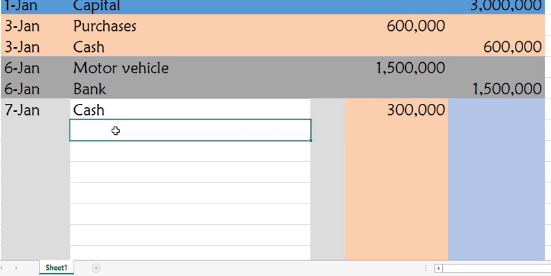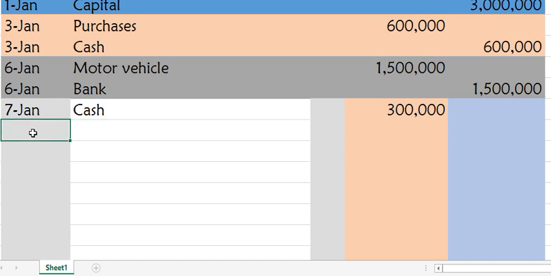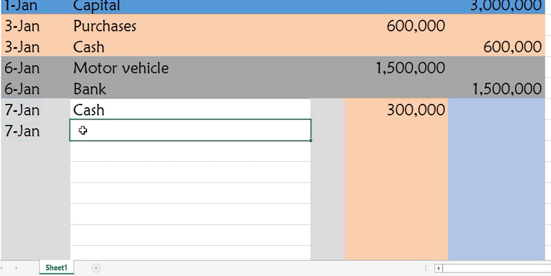But then now we are selling. When we sell goods, we have made sales, so that money that has been received should be recorded in the sales account.